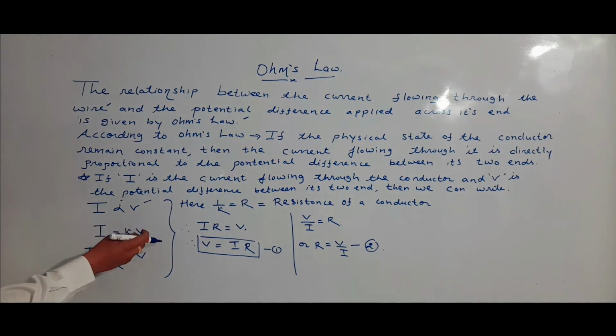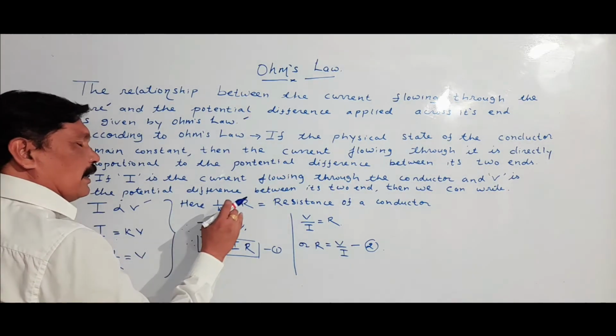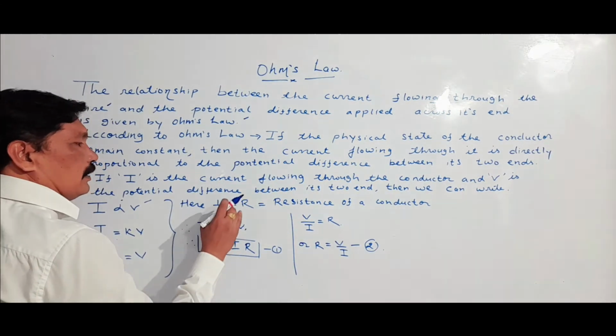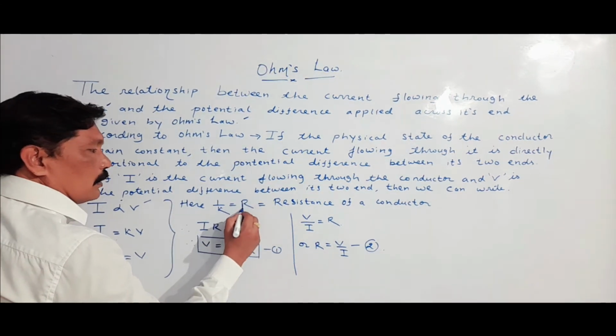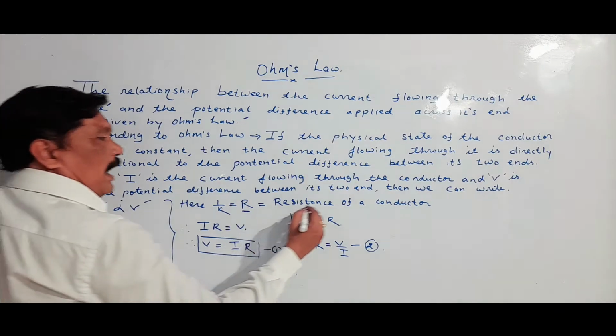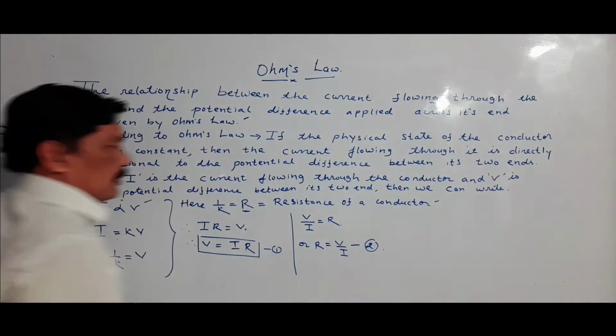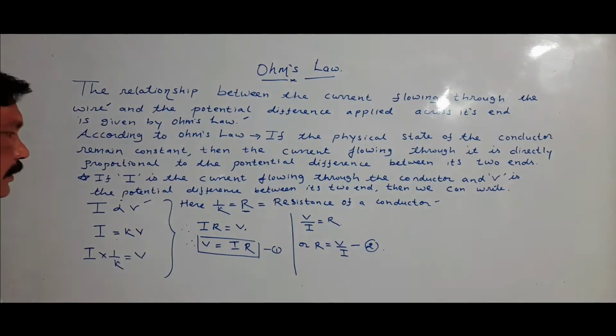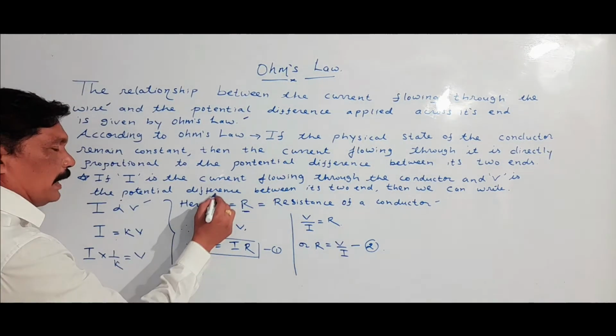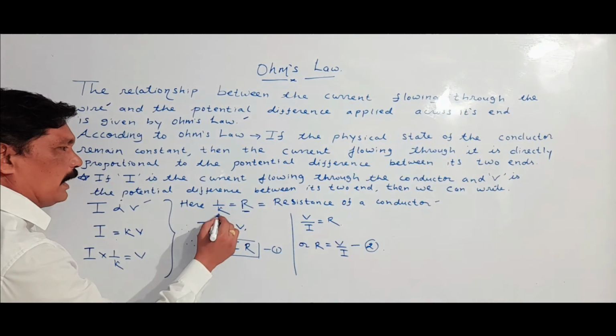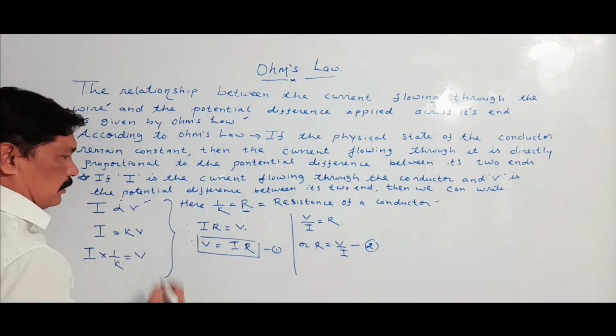If you take the constant to the other side of the equation, we get I is equal to 1 by k times V. 1 by k is a constant which is equal to R, and R is the resistance of a conductor. Then in place of 1 by k we can write R.